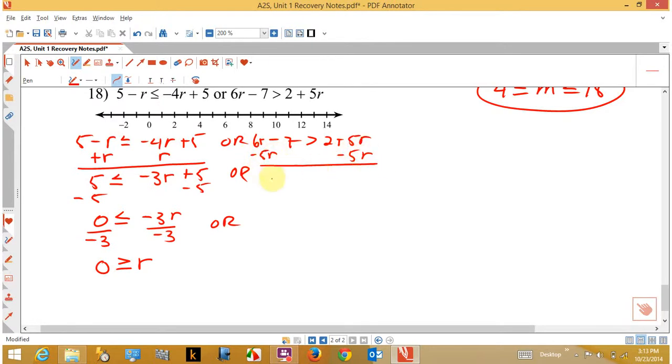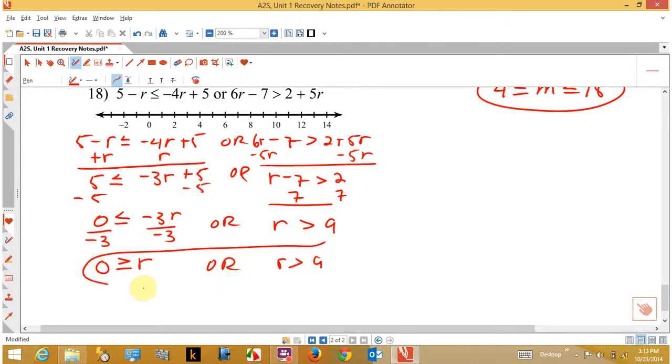That's going to give me r minus 7 is greater than or equal to 2. Now let's add 7 to both sides. That's going to give me r is greater than 9. So we can carry that on down. So that's my answer, and let's plot it.